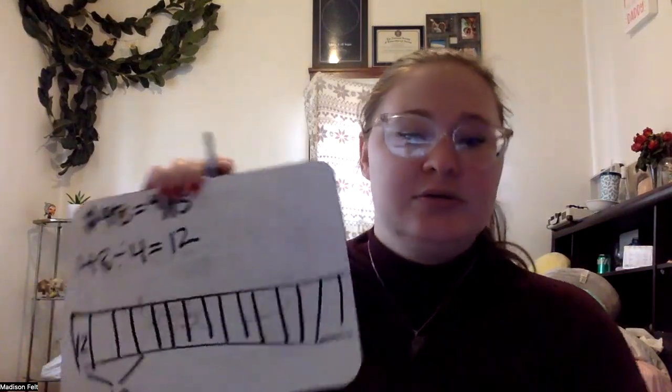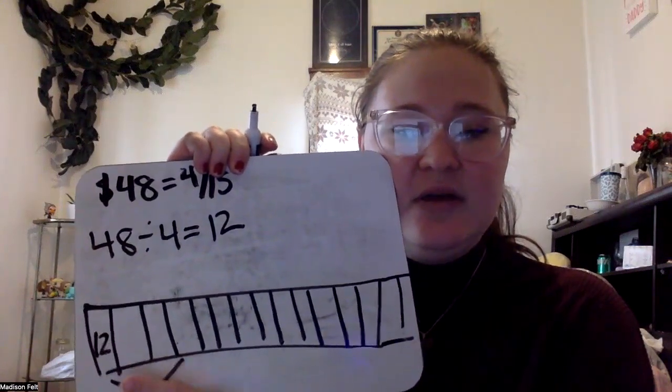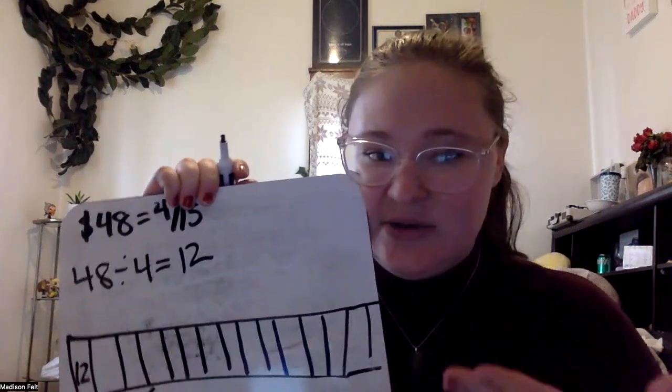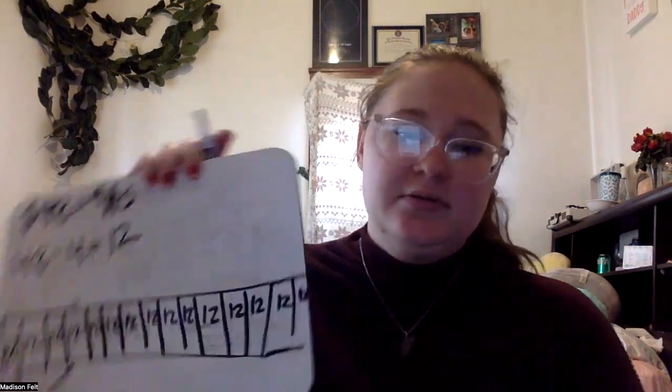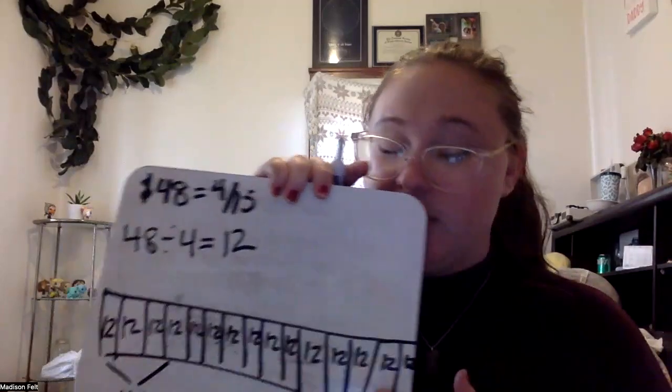So one of these is equal to 12. So boom. If one of these equals 12, each one of these is equal to 12. So these are all 12.